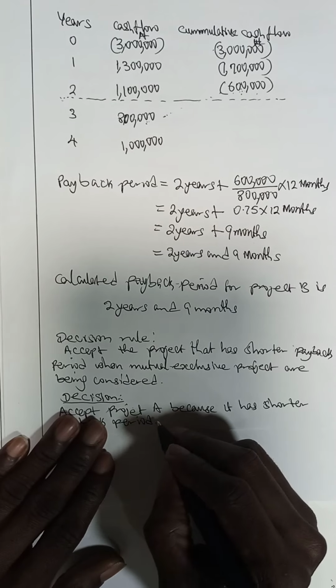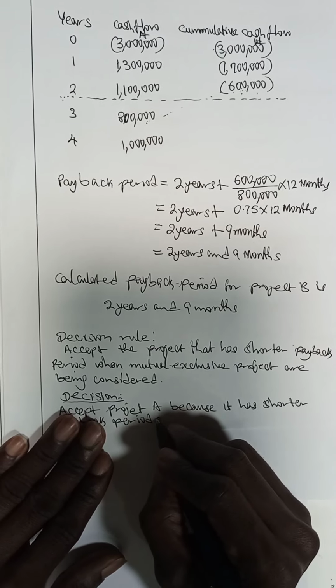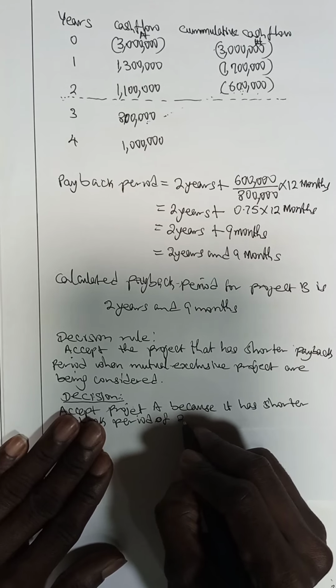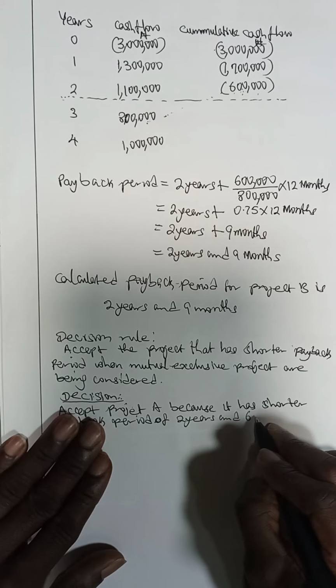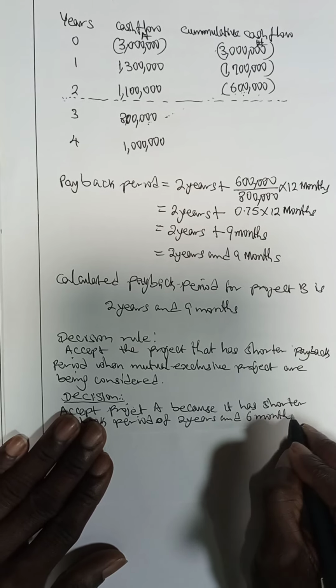Because it has a shorter payback period, we can write the number of years: a shorter payback period of 2 years and 6 months.